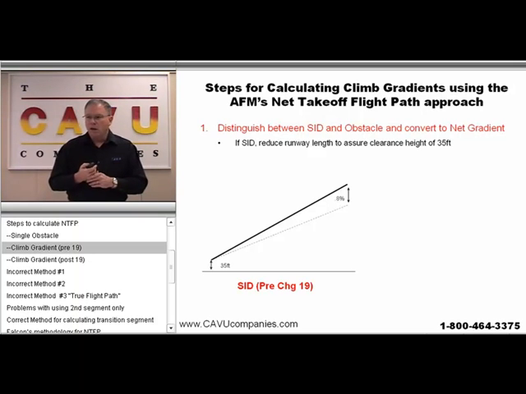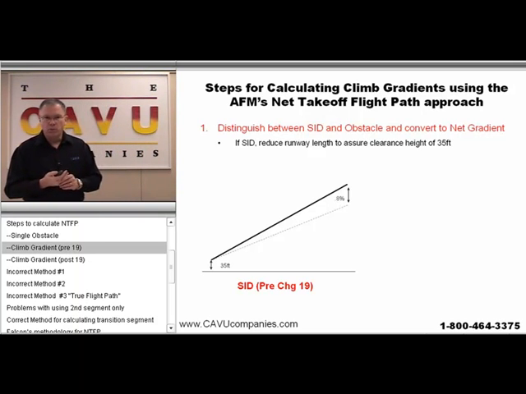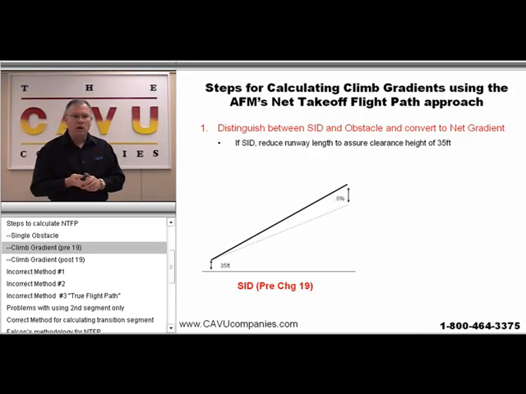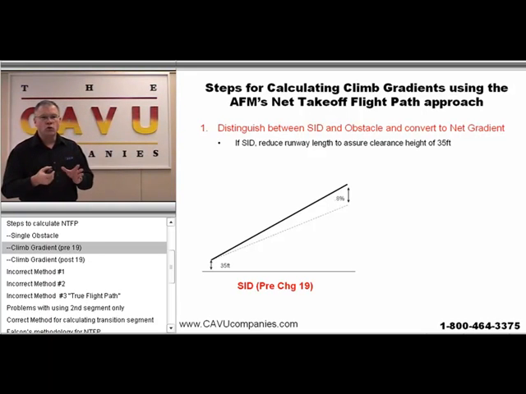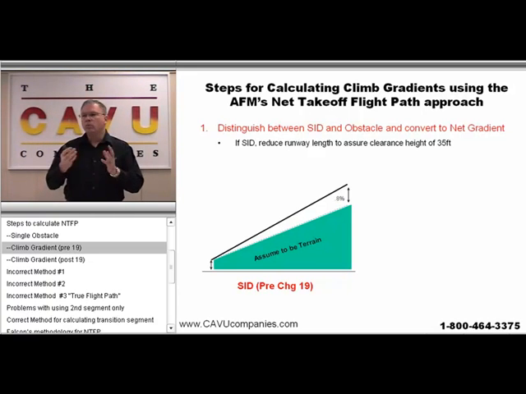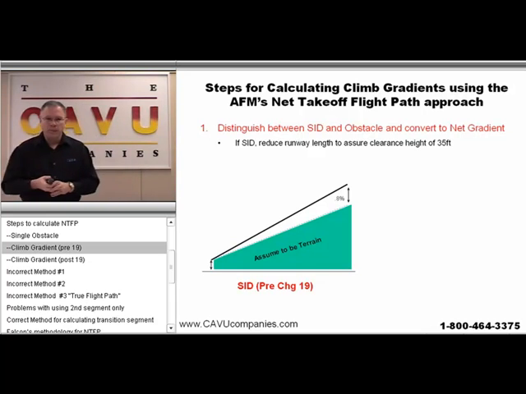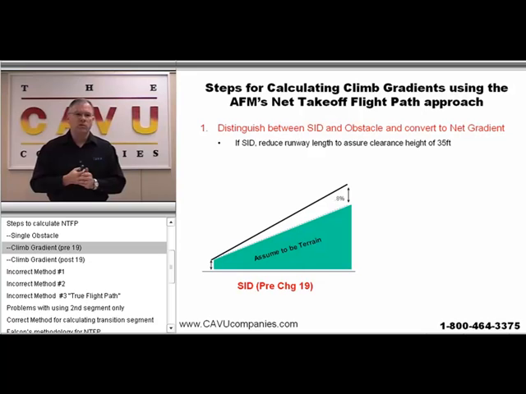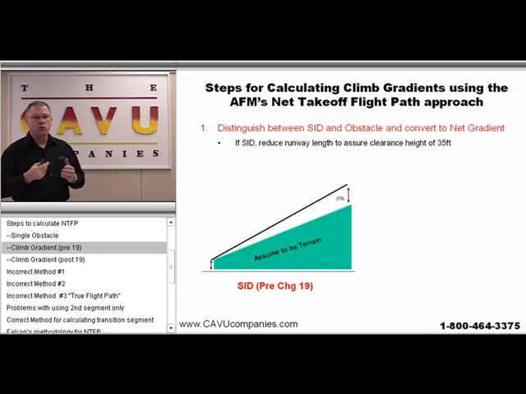This is a safety margin that's built into all SIDs regardless of how steep they are in the pre-change 19 criteria. So under that 0.8%, we can assume that if there are any obstacles, they're going to fall beneath this line. This is the assumed terrain area. We don't know that there's terrain there. It could be ATC requirements of some sort, but since we don't know, we have to assume that it's all terrain.